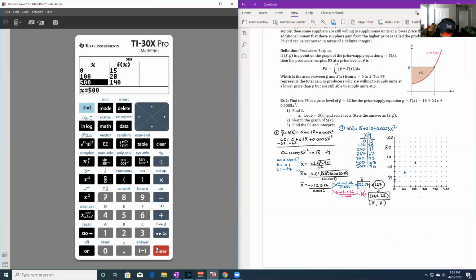So 267, that's our X bar P bar. So that's why I changed the color. Okay, then 300, we're at 72. Something like that. 400, we're at 103. That's a big jump, right? 72 to 103. So there we go. Okay, here's what our graph looks like. It's definitely curvy.